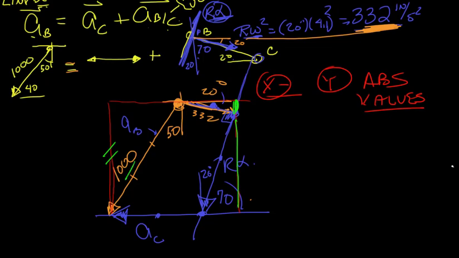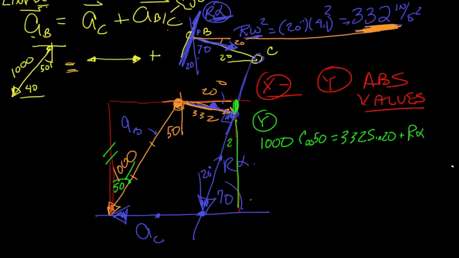So that's 1,000. This will be the Y direction. We can say that 1,000, and if this is 50, this is also 50 right here. So 1,000 cosine of 50 has to equal 332 sine of 20 plus R alpha. And if that's 70, this is 20, that would be cosine 20.